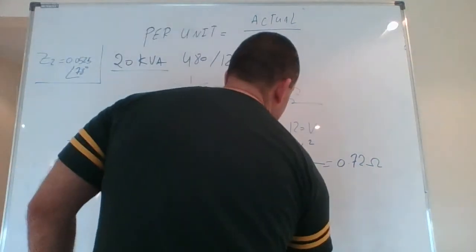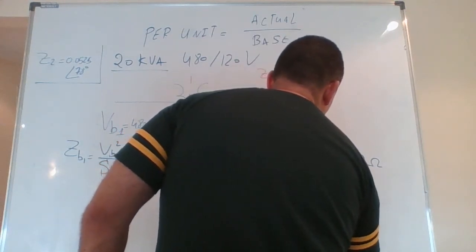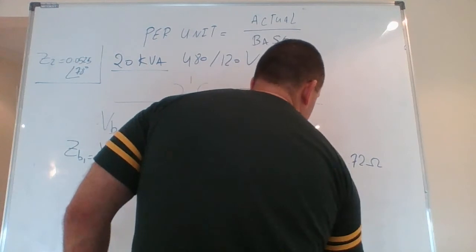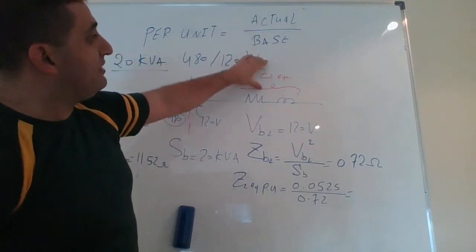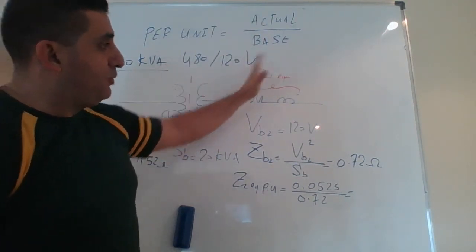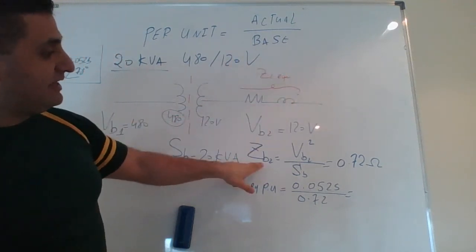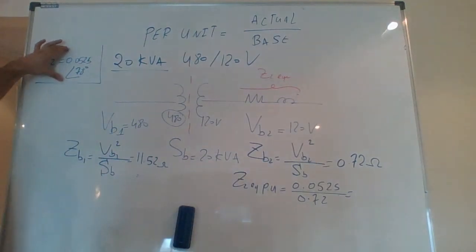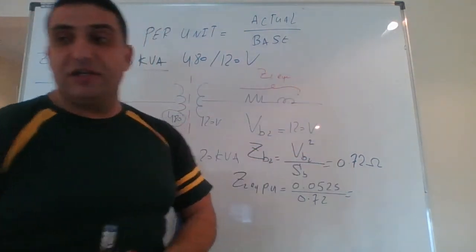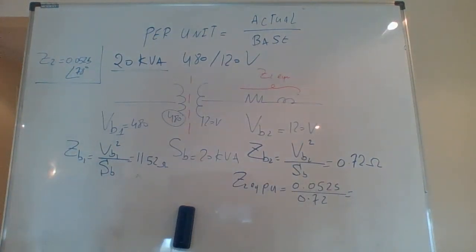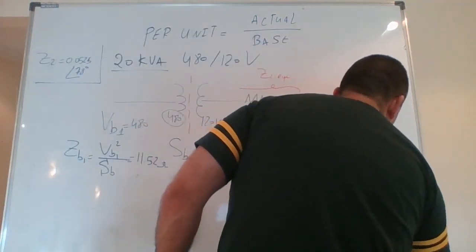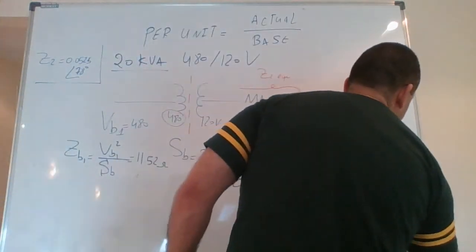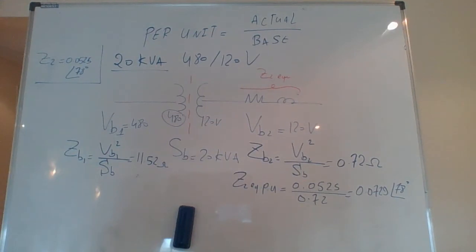It's equal to 0.0525 angle 78 degrees divided by Z base 2, which is 0.72. The answer will be 0.0729. It's the same angle, 78 degrees. It did not change whatsoever. Great.